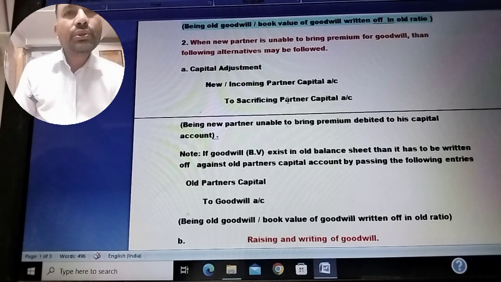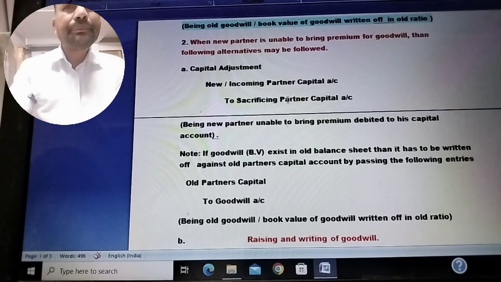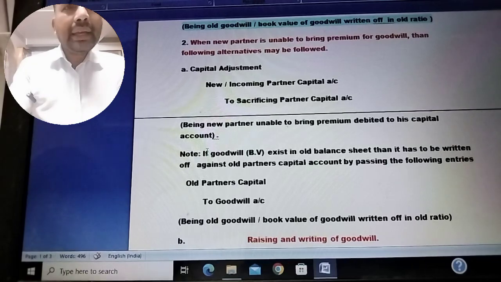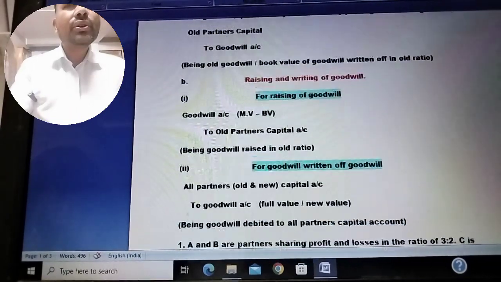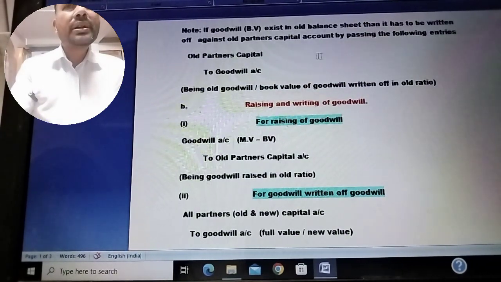This entry will be passed when the new partner is unable to bring premium for goodwill. And if the old goodwill appears in the balance sheet, then the same entry has to be followed. That is, you have to debit old partners' capital and credit goodwill account.